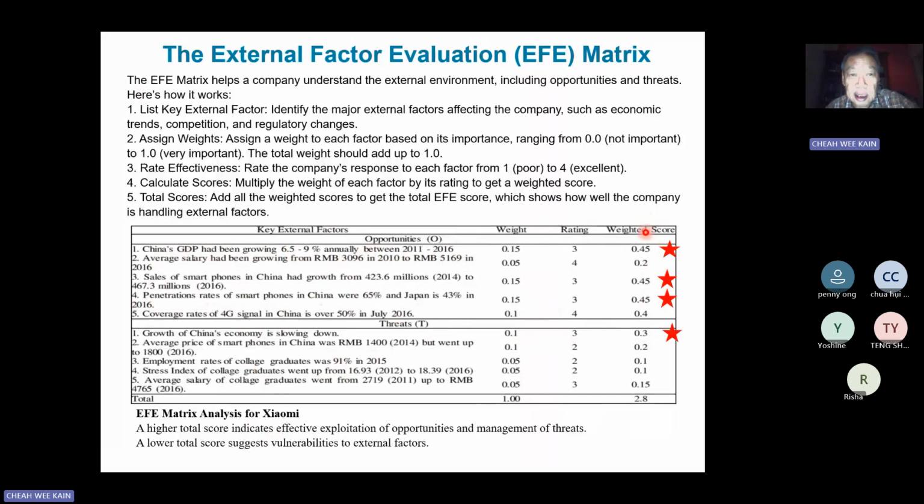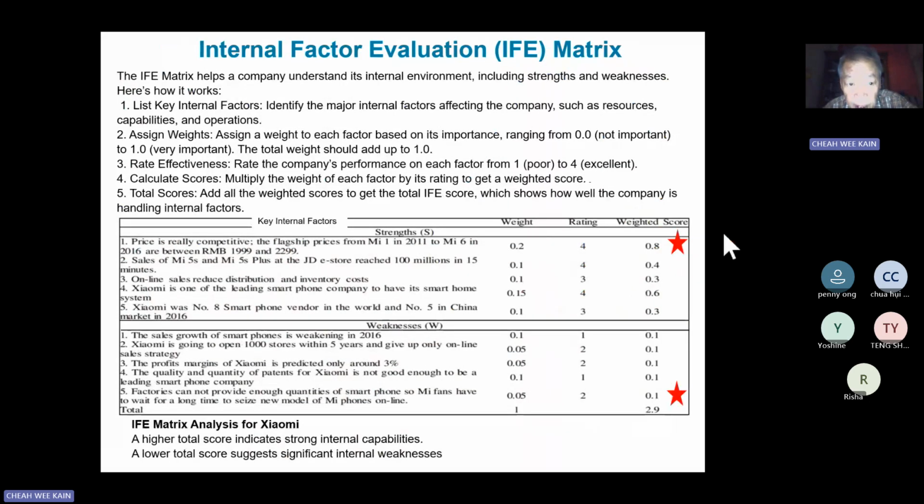So now if you look at the internal environment for Xiaomi, which is the strength? Price is really competitive. The flagship price for Xiaomi 1 to Xiaomi 6 can be rising from 199 to 299. Now this is quite an important weight.